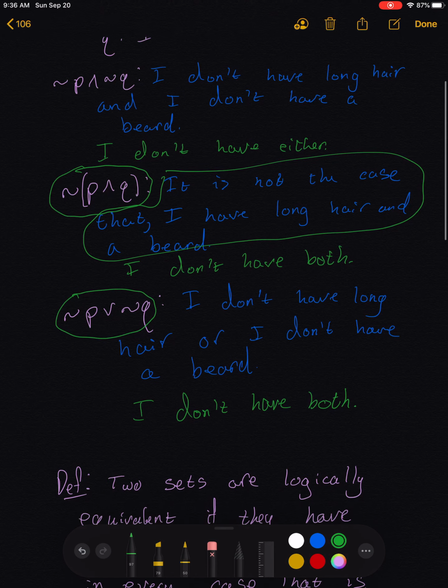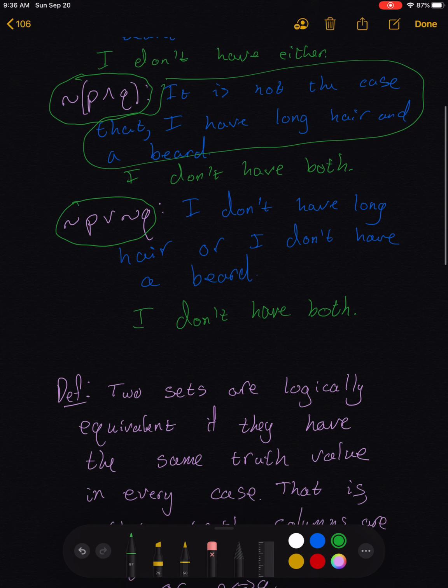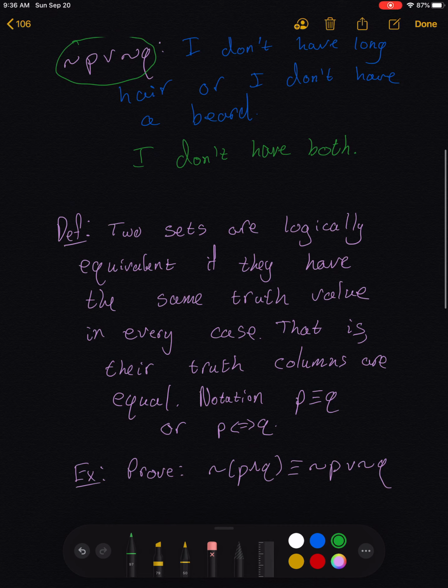Okay, so the second and third statements here we say are logically equivalent. And as a definition, two statements are logically equivalent if they have the same truth value in every case.